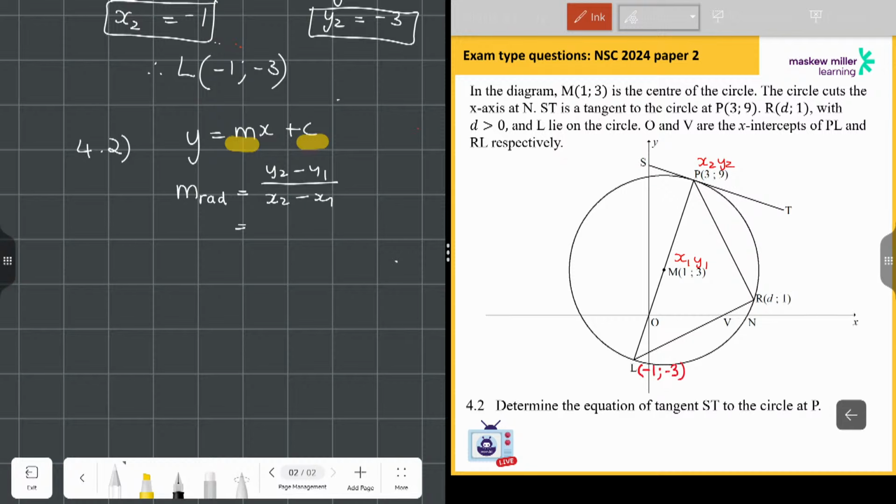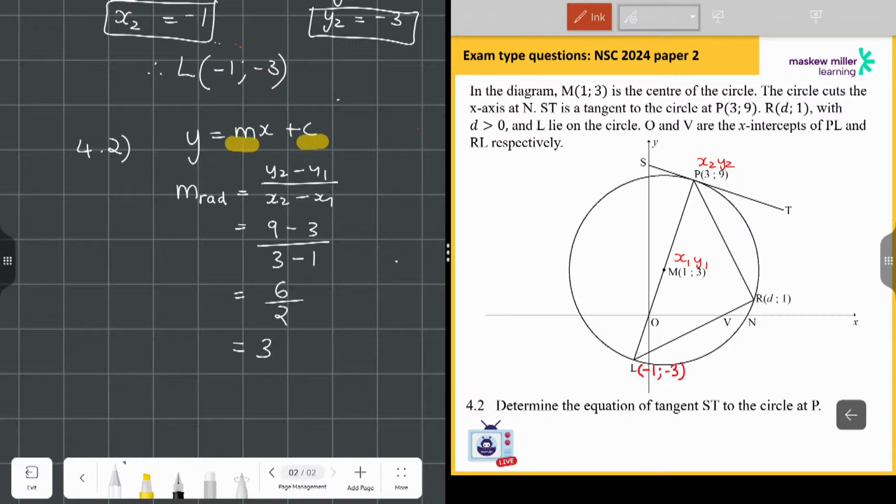So y2 is 9, y1 is 3, x2 is 3, and x1 is 1. So it's 9 minus 3, which is 6, and 3 minus 1 is 2, and 6 divided by 2 will give me 3.